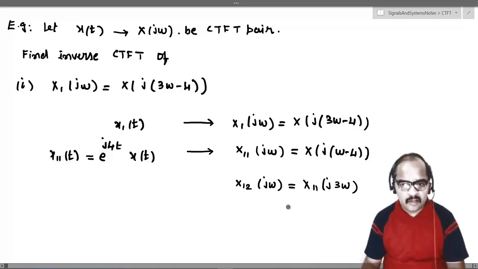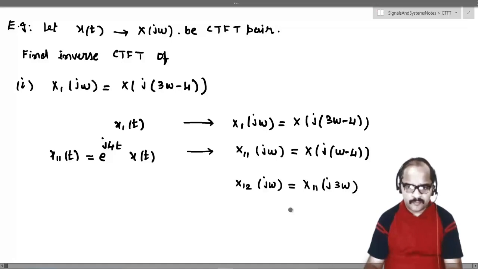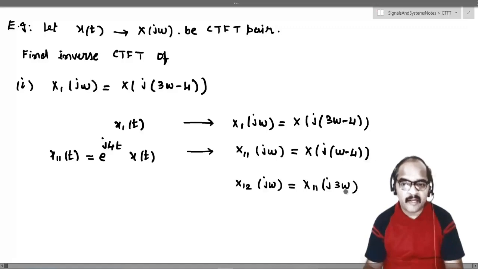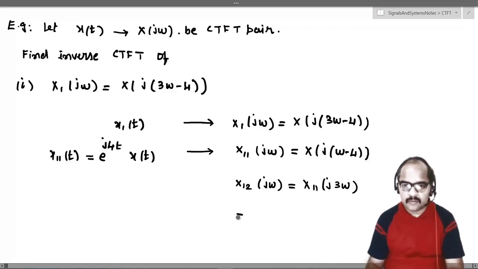So this should be equal to how much? We will come to that. It is x11 of j3 omega. Clearly this looks like scaling in which domain? Frequency domain, but the scaling factor is missing, so let us use that scaling factor.